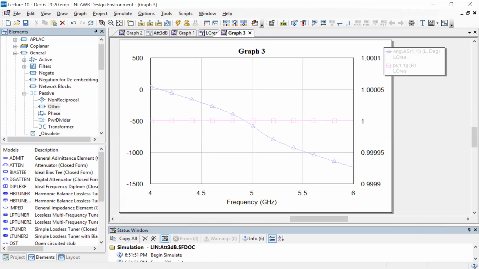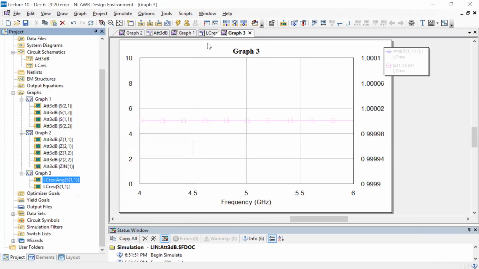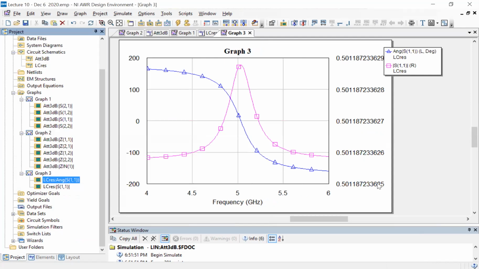Okay, so let's go back to the normal one. Suddenly now this starts to look different. Okay, now the first thing is the phase still looks fairly okay. You can spot the resonance, but the magnitude, so note the axis on the right side, it's now, earlier remember it was 1.